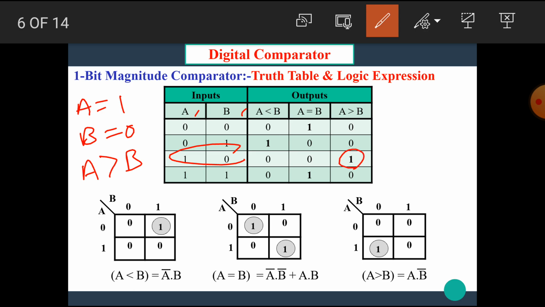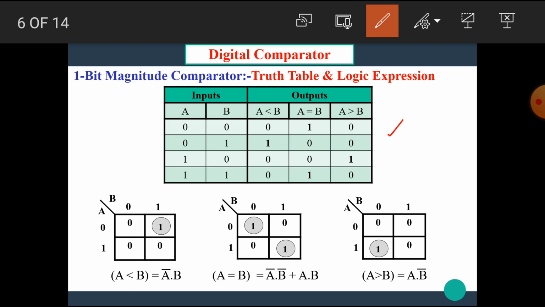In the last case, A is equal to 1 and B is equal to 1. That means A is equal to B, hence we get A equal to B as 1. I hope you all understand how to draw the truth table for the 1 bit magnitude comparator.